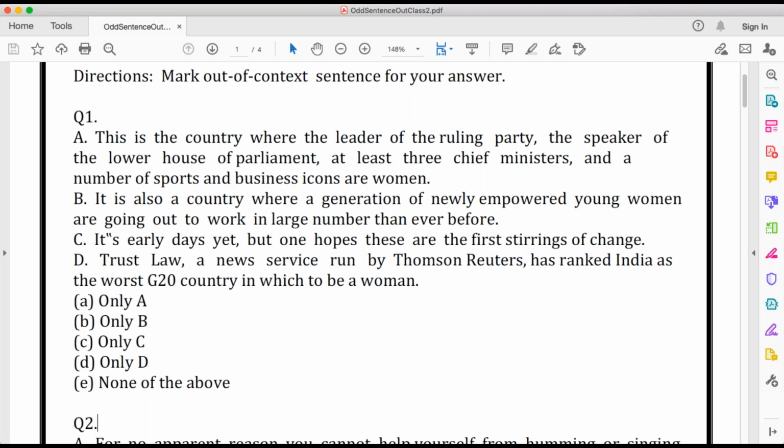It's early days yet, but one hopes these are the first stirrings of change. Trust Law, a news service run by Thomson Reuters, has ranked India as the worst G20 country to be a woman.